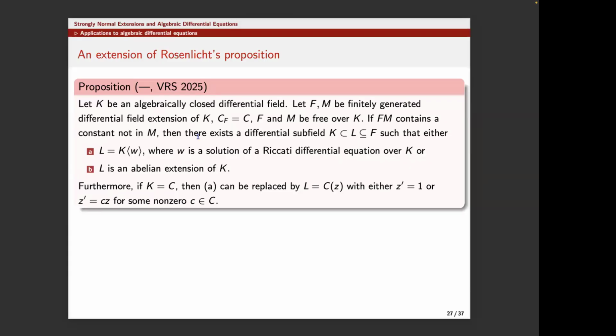So let K be an algebraically closed differential field, and let F and M be finitely generated differential extensions of K, and the field of constants of F is assumed to be C, the field of constants of K, and F and M are free over K. If FM contains a constant not in M, then there exists a differential subfield L such that L is either generated by a solution of a Riccati differential equation or L is an abelian extension of K. And if K has trivial derivation, that is K equal to C, then L is either C(z) with z' equal to 1 or C(z) with z' equal to cz.